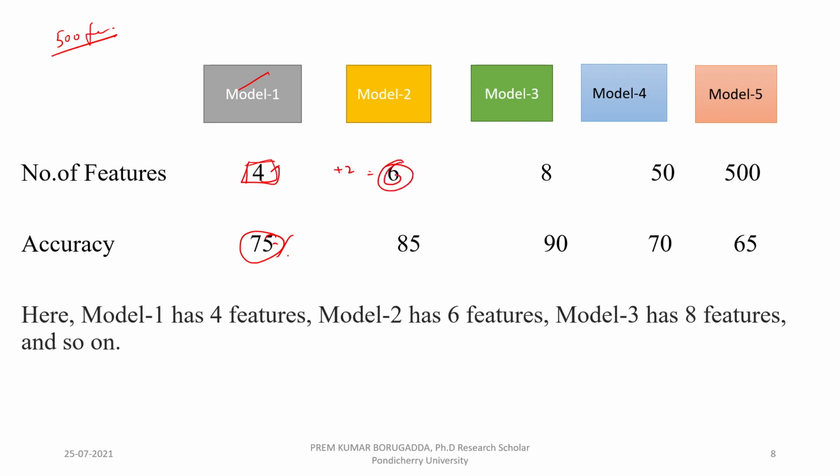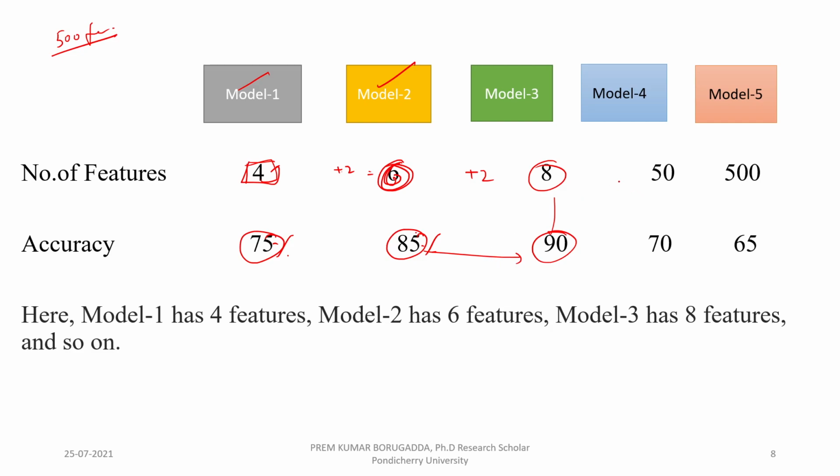I train another model with the 6 features and get 85% accuracy, which means that as the number of features increases, the accuracy increases. Now I add two more features, so it is 8 features, and my accuracy increases from 85 to 90.